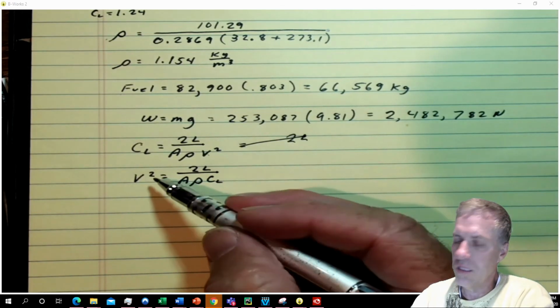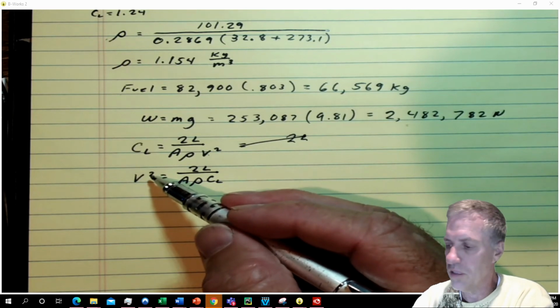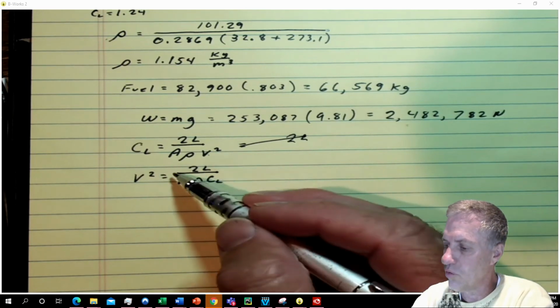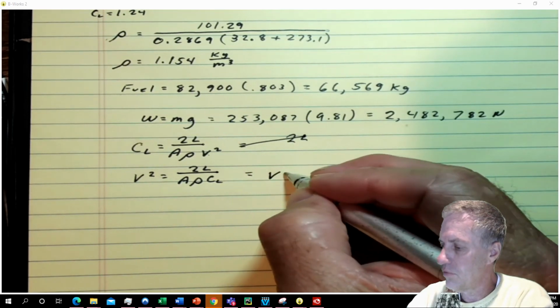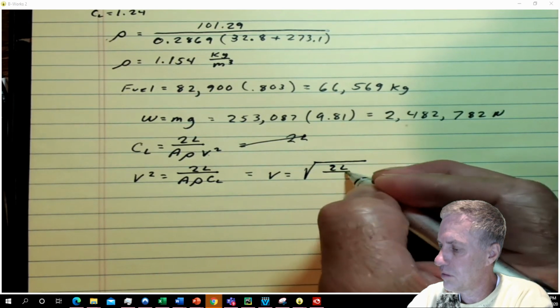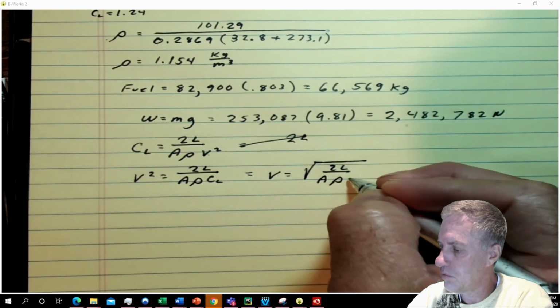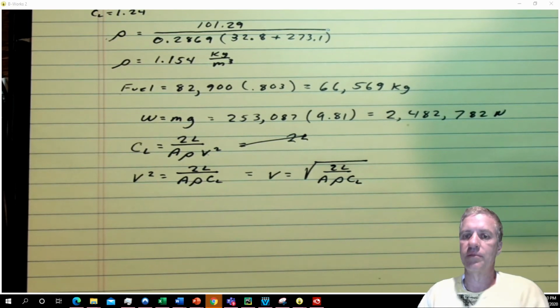Okay. Now to get the v by itself, to isolate the velocity, we take the square root of both sides. So v equals the square root of 2L over area rho CL.